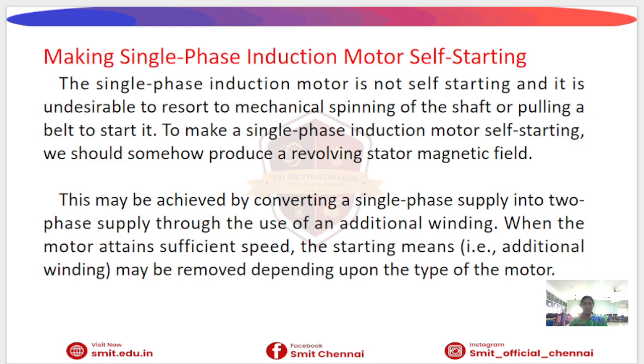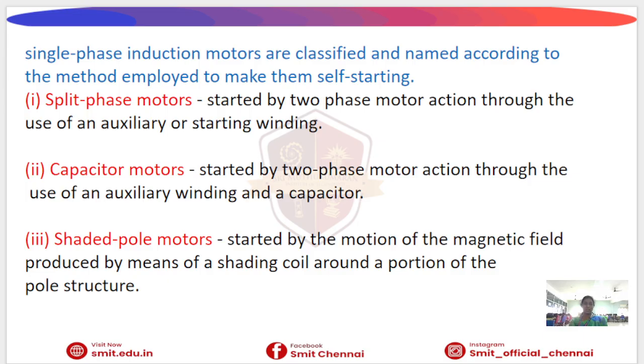Both windings carry current with a phase difference, so a rotating magnetic field is produced. Then the motor starts. After reaching sufficient speed, the starting winding is disconnected. This is how we make the single-phase induction motor self-starting.